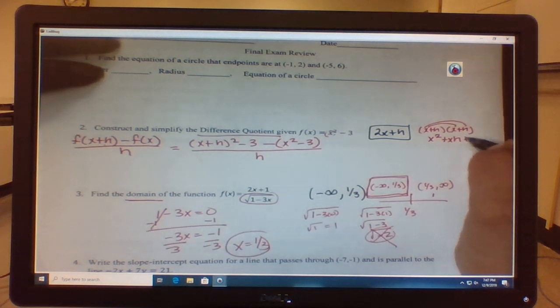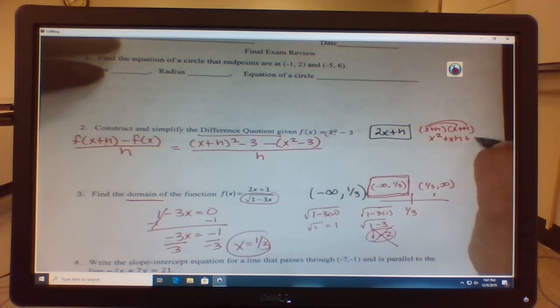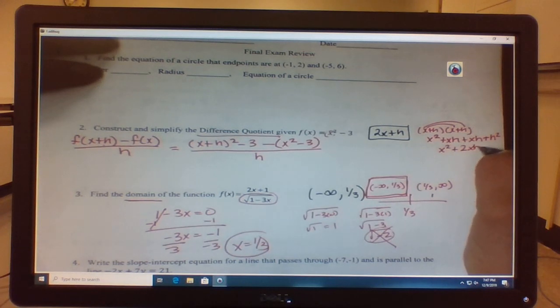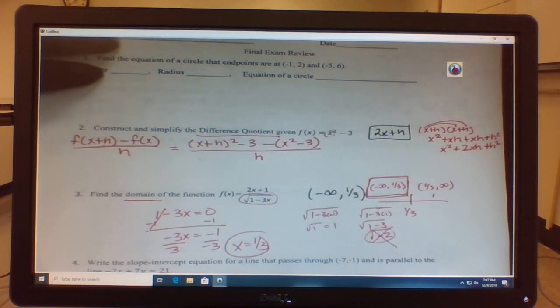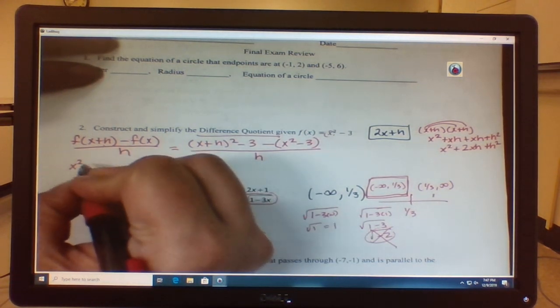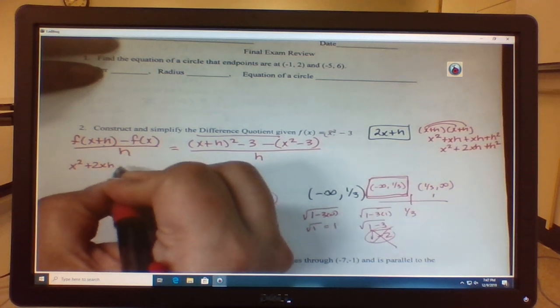Thank you. x times h again, and h times h. So this becomes x squared plus 2xh plus h squared. Are we okay with that? So let me rewrite that down here. x squared plus 2xh plus h squared.